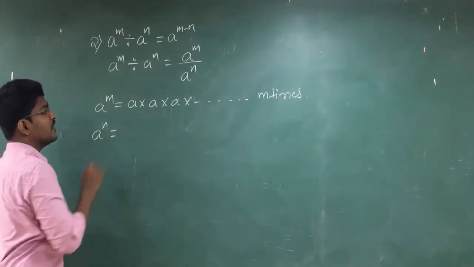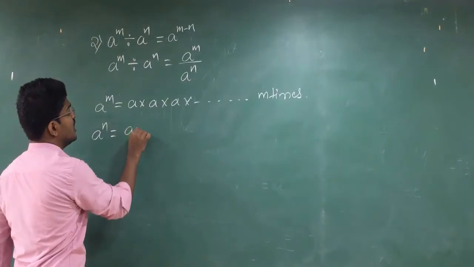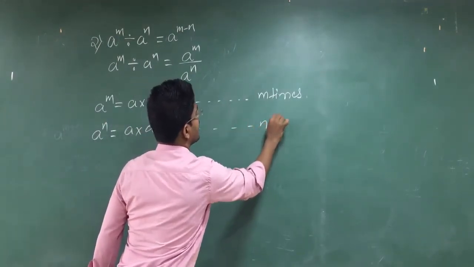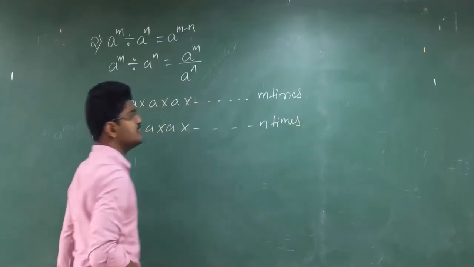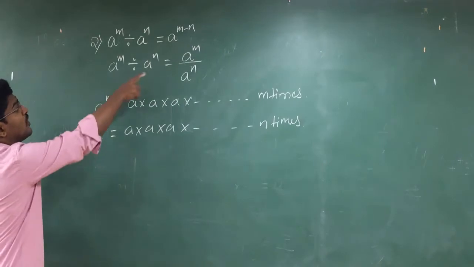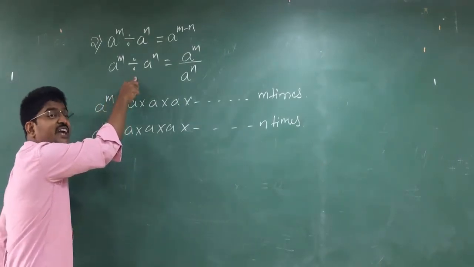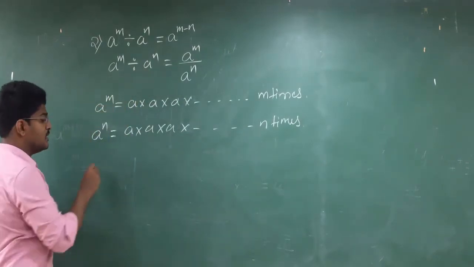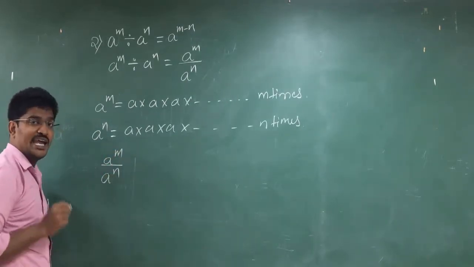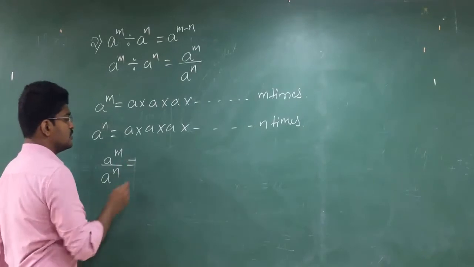A to the power of n means a is multiplied for n times. Clear? So now let us go for a to the power of m divided by a to the power of n.